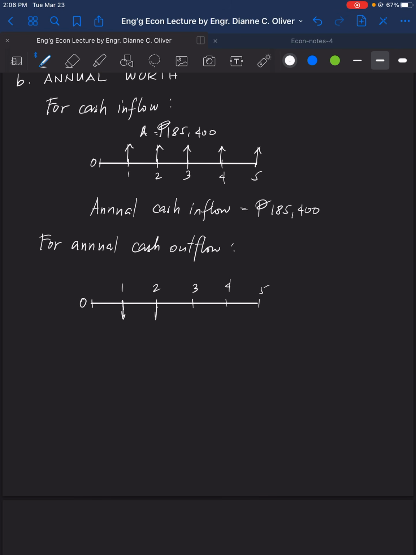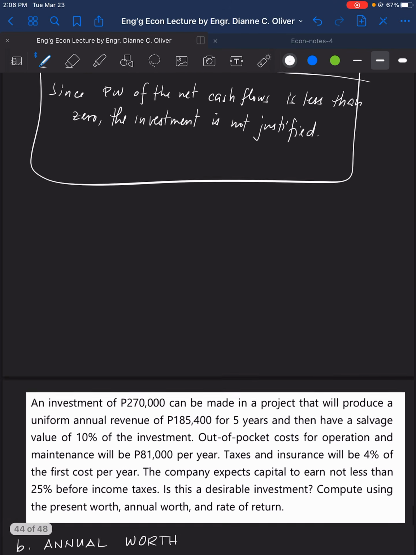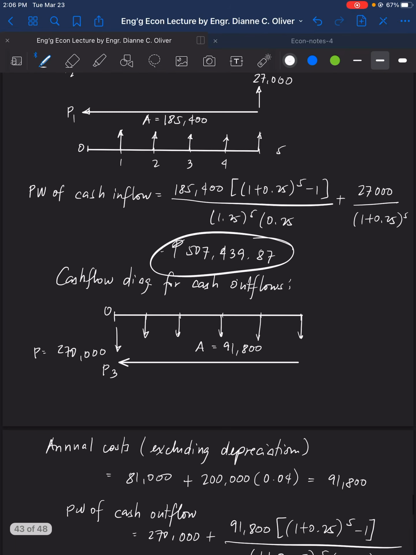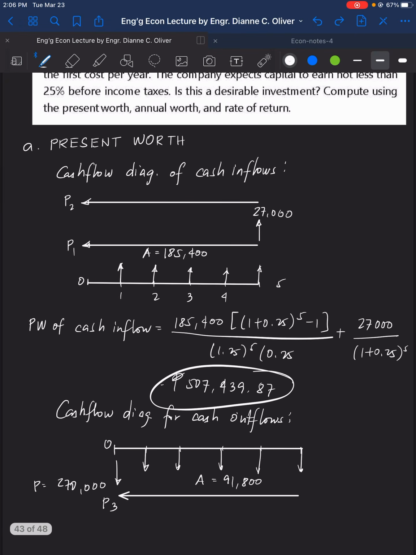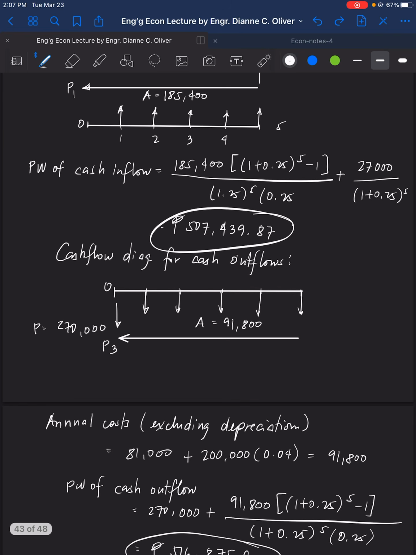Previously, we were able to solve here an annual cost of 91,800 pesos a while ago. Here, we were able to solve this as 91,800 by computing the annual costs excluding depreciation.